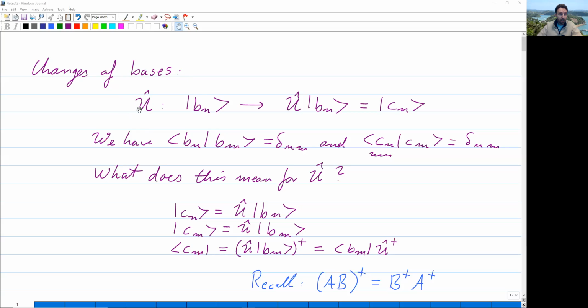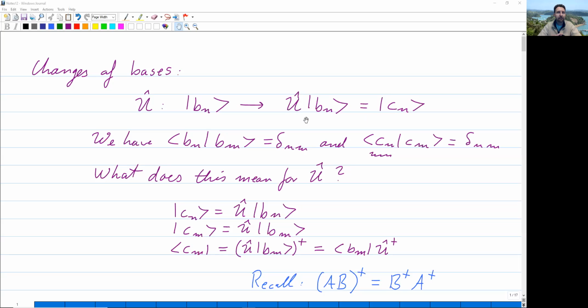Linear operators U hat, which map the basis vectors of one Hilbert basis, let's call it Bn, into the basis vectors of another Hilbert basis, let's call them Cn. So if you apply the change of basis map U hat on Bn, you get the Cn by definition.